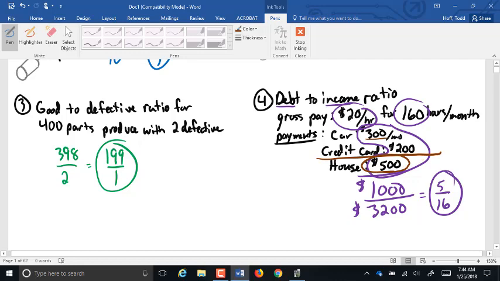Well, yeah, because even with the 500 added in there, you're under 1 to 3. But 1 to 3 would be, what would it take? $600 or $670. You would be above a 1 to 3 here. So you can't borrow anything that would be more than a $67 a month payment and stay under that ratio.